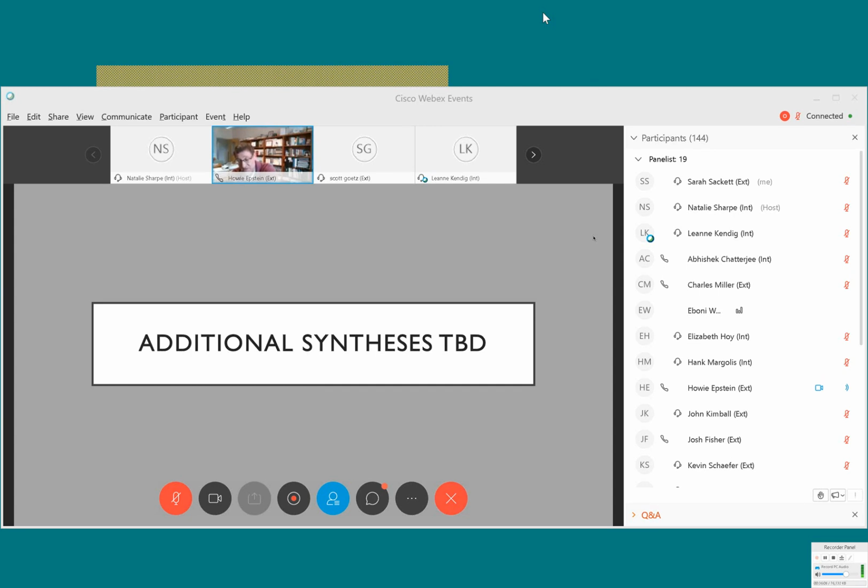There's a potential synthesis on boreal forest dynamics. I think the people who are involved there are waiting for more information, for more data to be collected during phase 2.